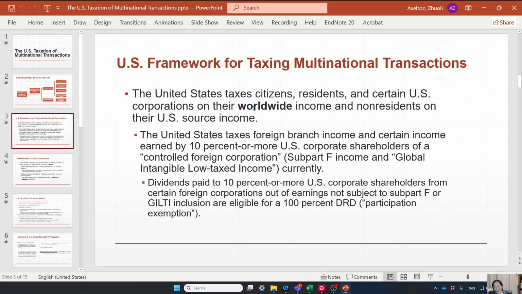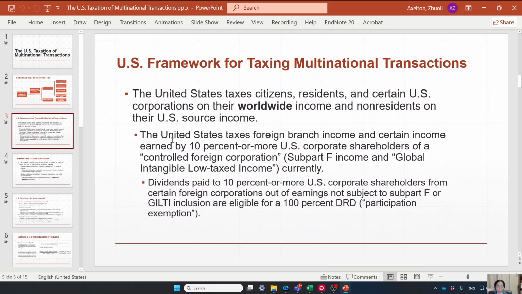The tax residents of the U.S. will be taxed on worldwide income. Non-residents will be taxed on their U.S. source income. That means if they came to the U.S. and performed services in the U.S., they will be taxed as well.